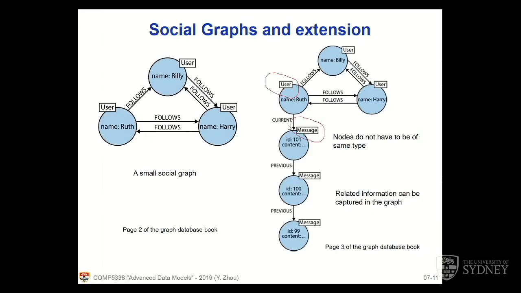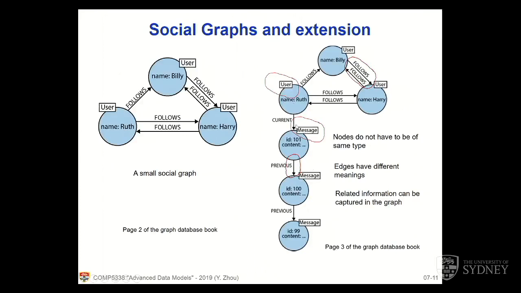And we can use edges to represent their relationships. Edges can have different meanings. Between users, the edges could mean follows. And between a user node and a message node, it could be something like current or previous.